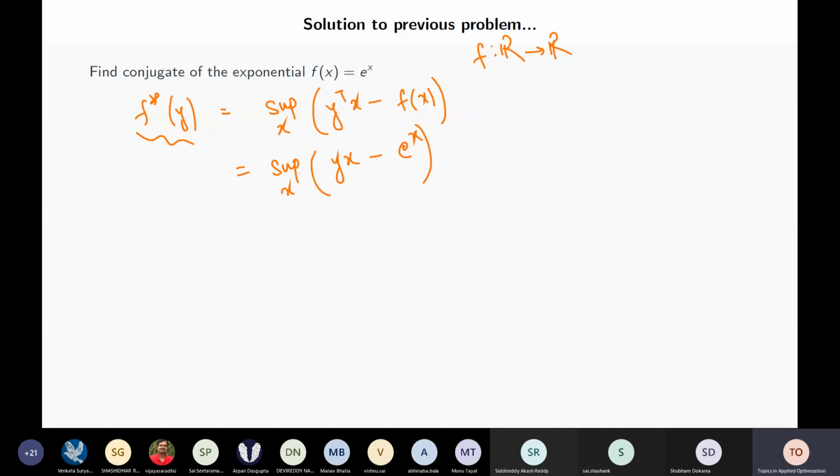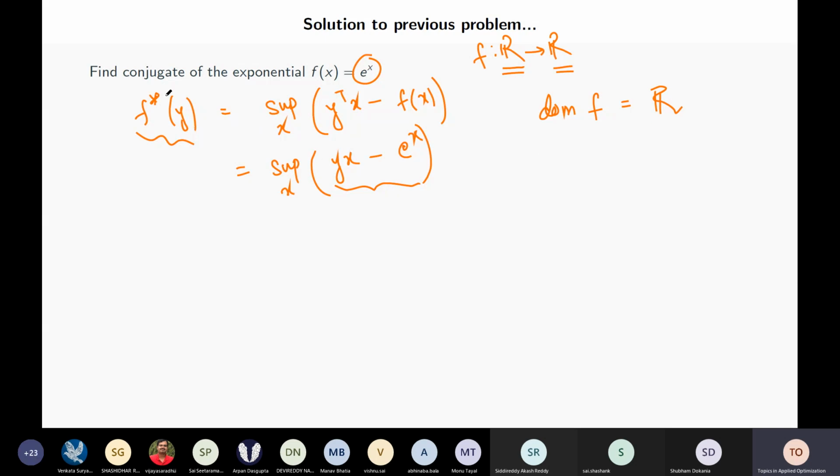So what we focus on is whether y x minus e to the x is bounded, and for which values of y. The exponential is defined over all of R, so the domain of f is all of R.